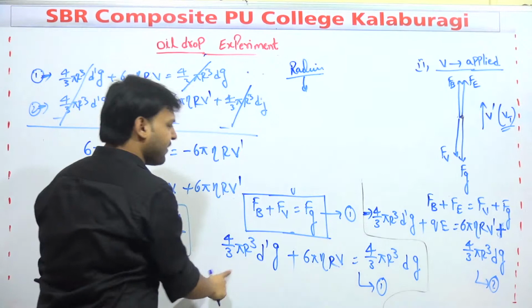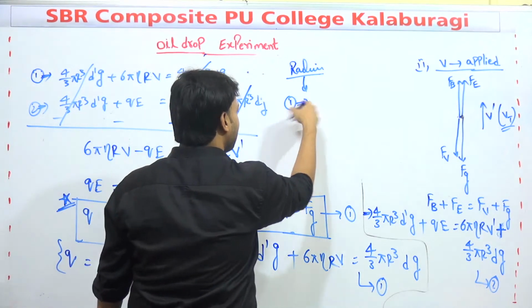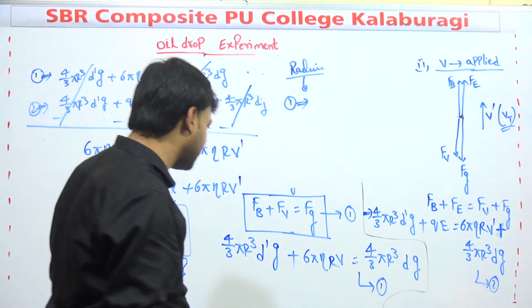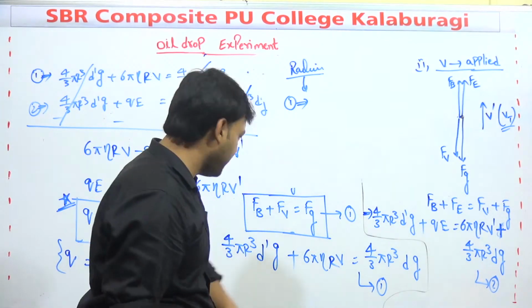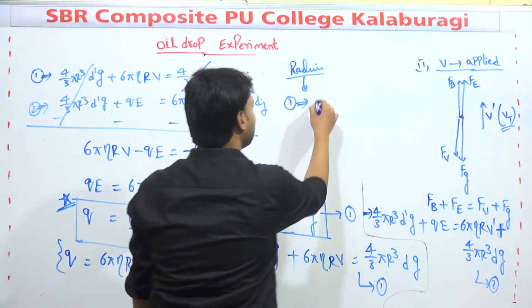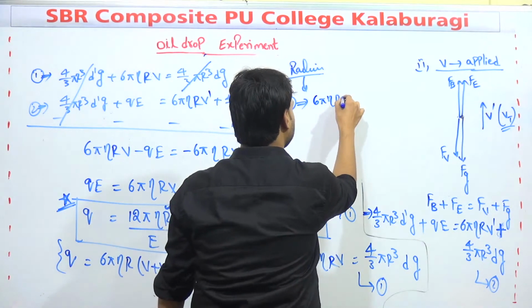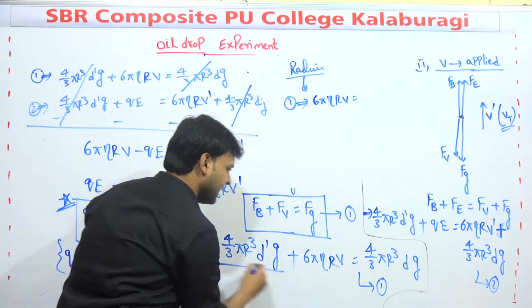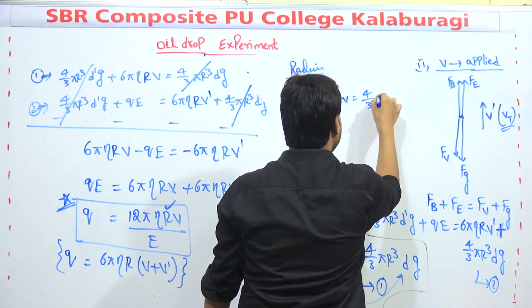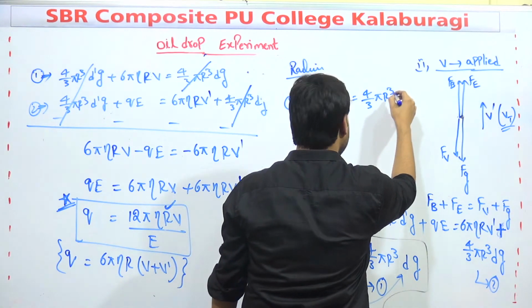Radius of the drop from equation 1. See, R terms one side, remaining terms to the other side. Now this term I can send to that side, so it will be 6 pi eta RV, which is equal to this term. I have sent it to the other side. So take 4 by 3 pi R cube and g common.